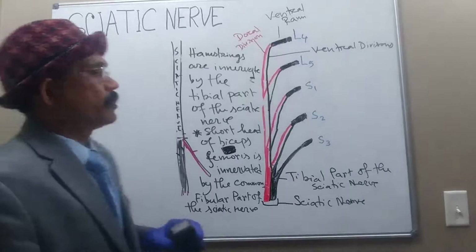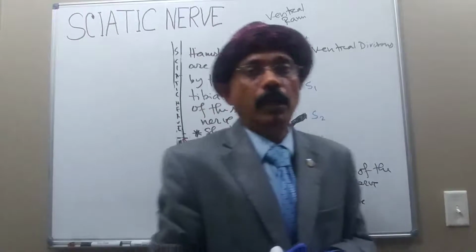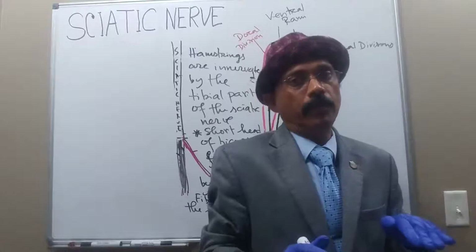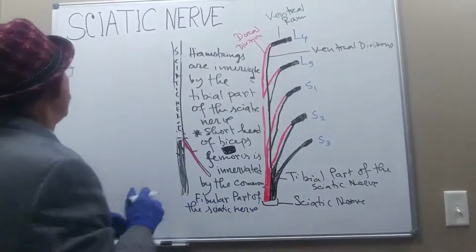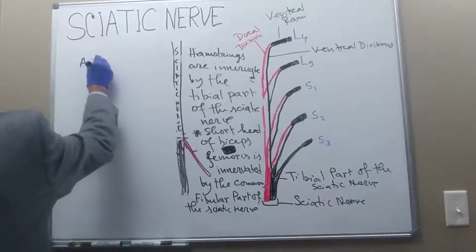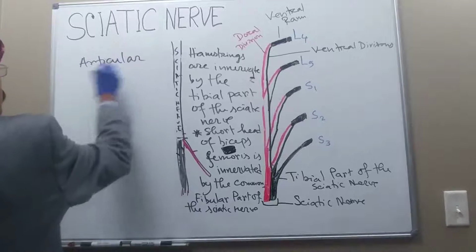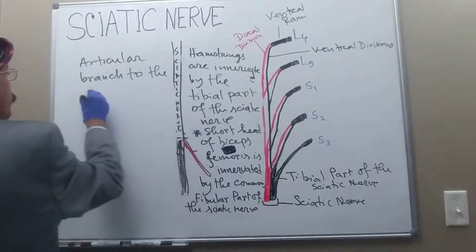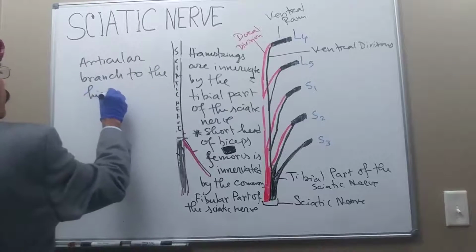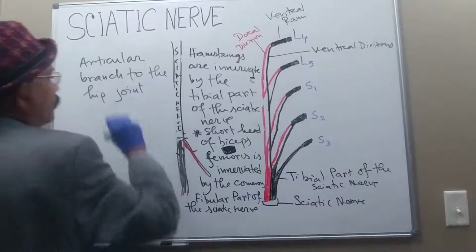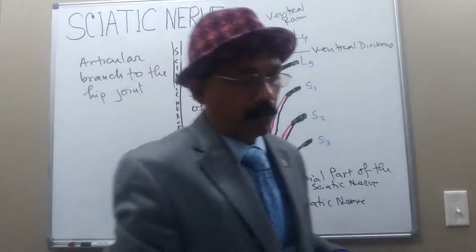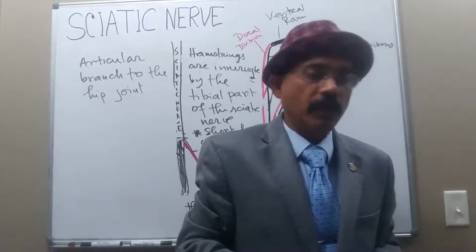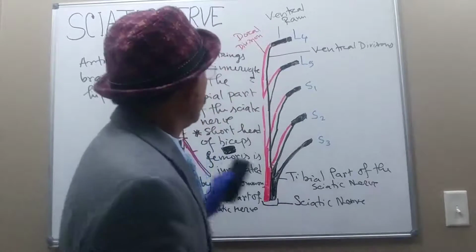Now, because the sciatic nerve passes over the hip joint, it is also related to the capsule of the hip joint. So it gives an articular branch to the hip joint between the femur and the hip bone, head of the femur and the hip bone.